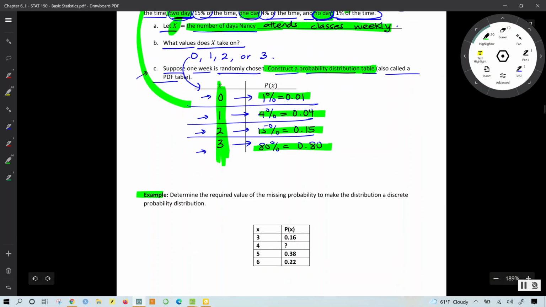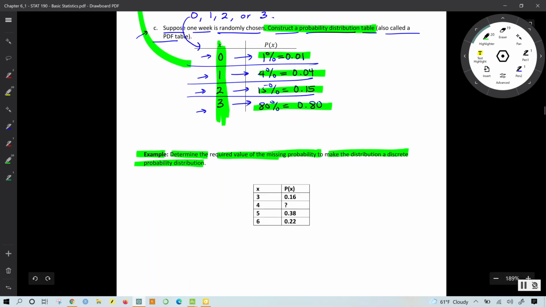The next example tells us to determine the required value of the missing probability to make the distribution a discrete probability distribution. In other words, already we have provided the possible values and an attempt has been made to provide the probabilities corresponding to each of those possible values of x.